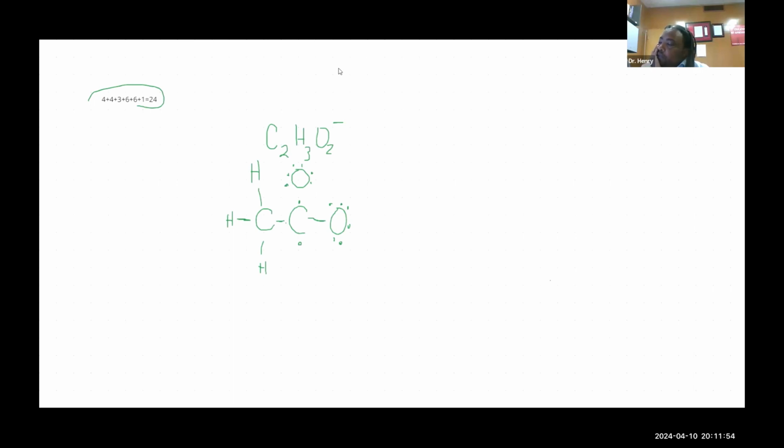So what else am I going to have to do? We can move the bottom electron on the bottom of the C to the top. Okay, so let's go ahead and do that. So we're going to remove this one and put it on top, if it allows me to erase it.